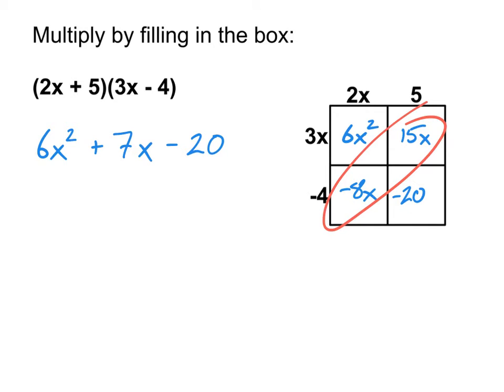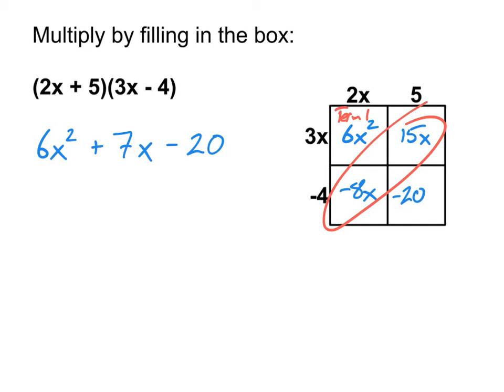Now, if I wanted to reverse engineer this then, and go from this expanded form, the standard form, into factored form, I could. And notice that the first two terms always multiply to give me that first box. So this is like the first term. So term 1.